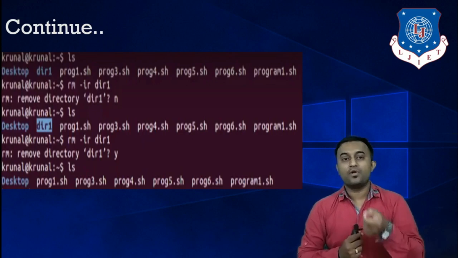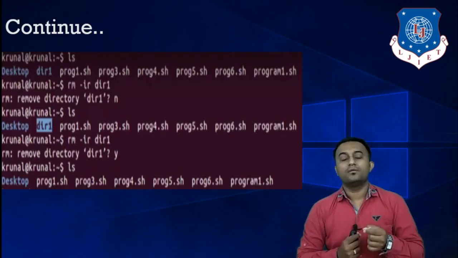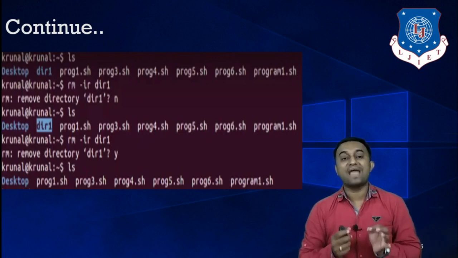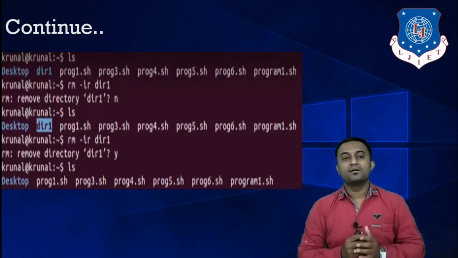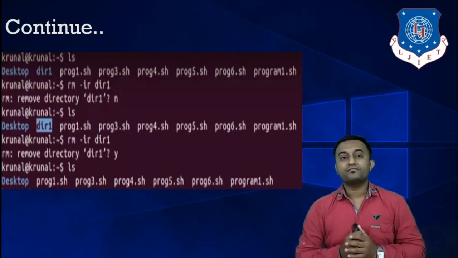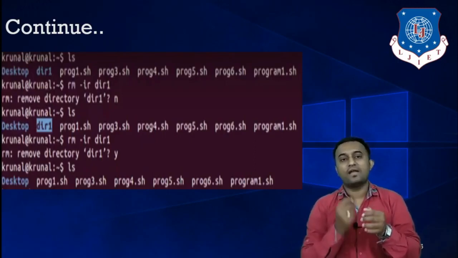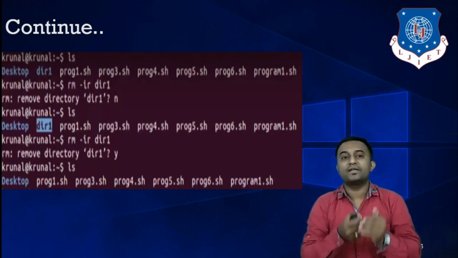So I need it to be interactive: at execution time, it will ask me whether I really want to remove this directory or not. If I want this, I use rm -ir, where r stands for recursive and i stands for interactive. So hyphen i is interactive in nature.